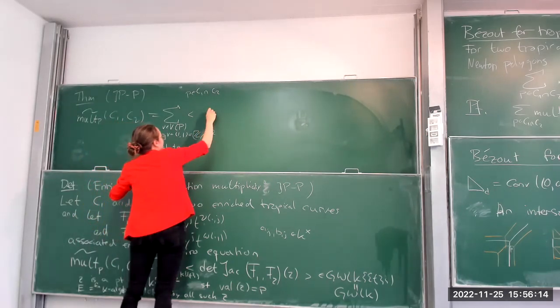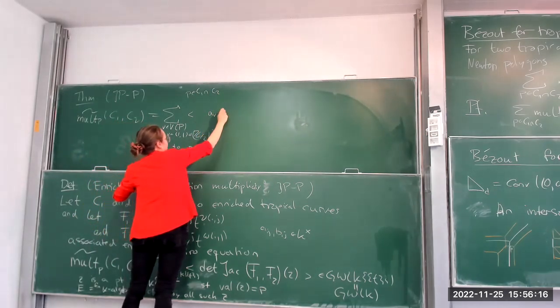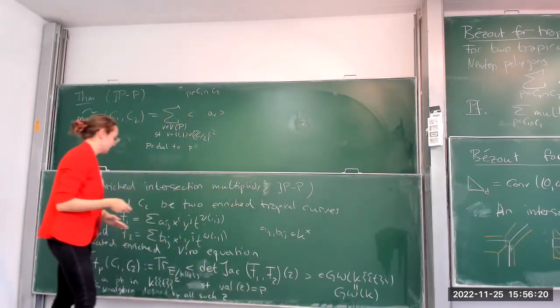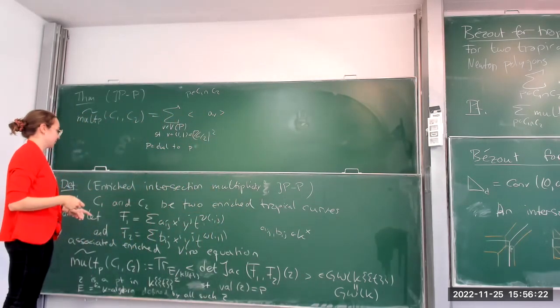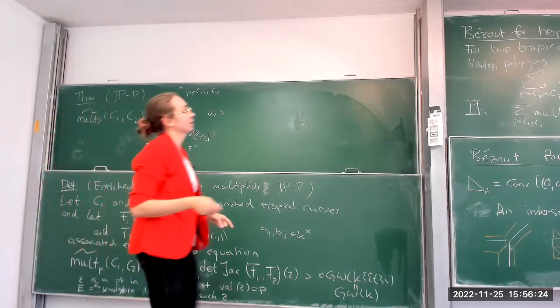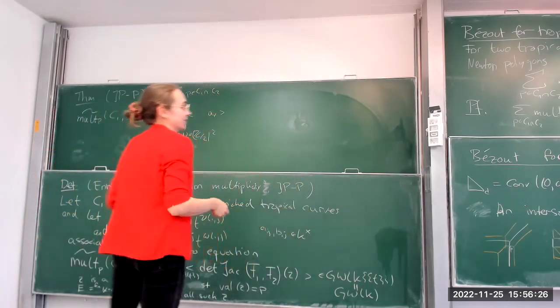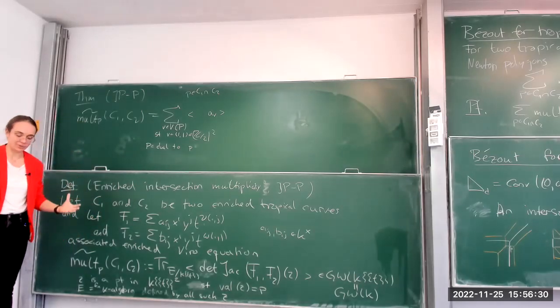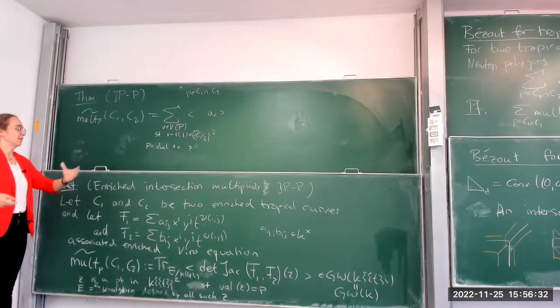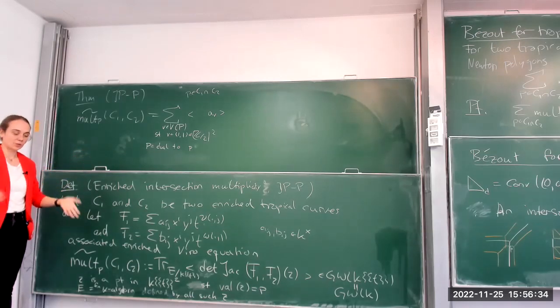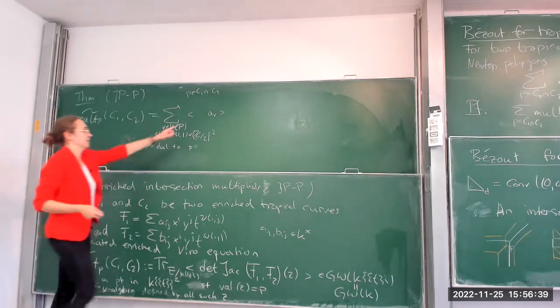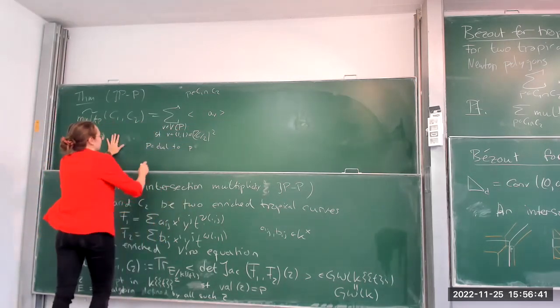We have the coefficient of p. So I said that an enriched tropical curve was a tropical curve such that to each component I have a coefficient assigned, or alternatively to each vertex in the dual subdivision I have a coefficient assigned. That's exactly this coefficient.